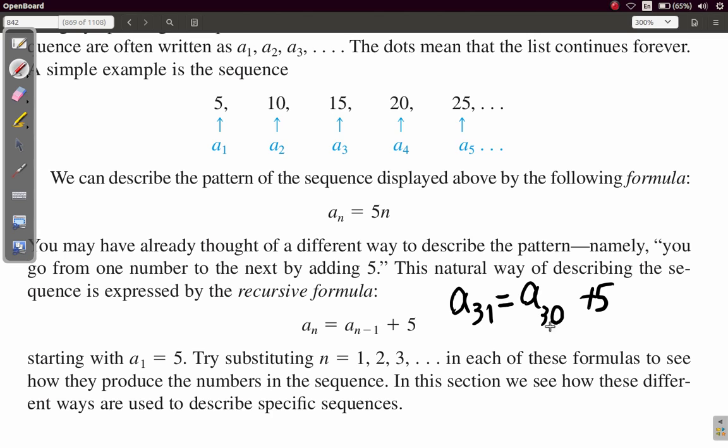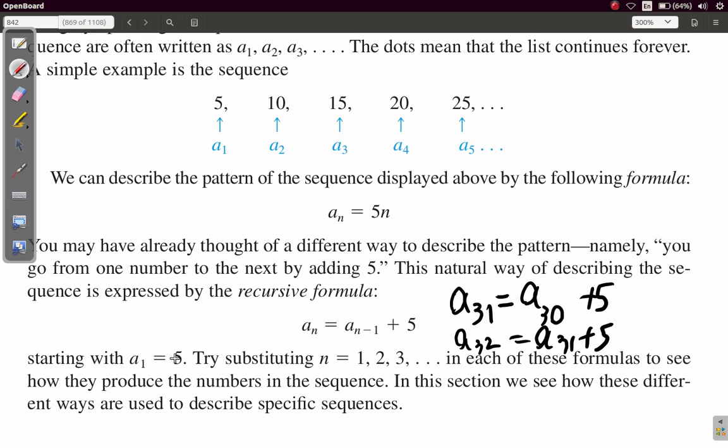So if you have the 30th number, whatever that is, the 31st number would be that 30th number plus 5. Then of course, the 32nd number, A32, would be A31 plus 5. So if you choose to keep adding 5 to the next number, this is what you would get.